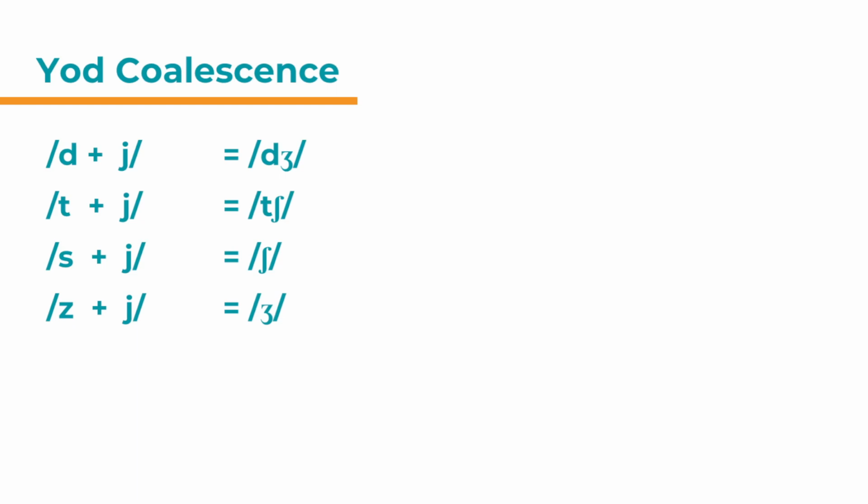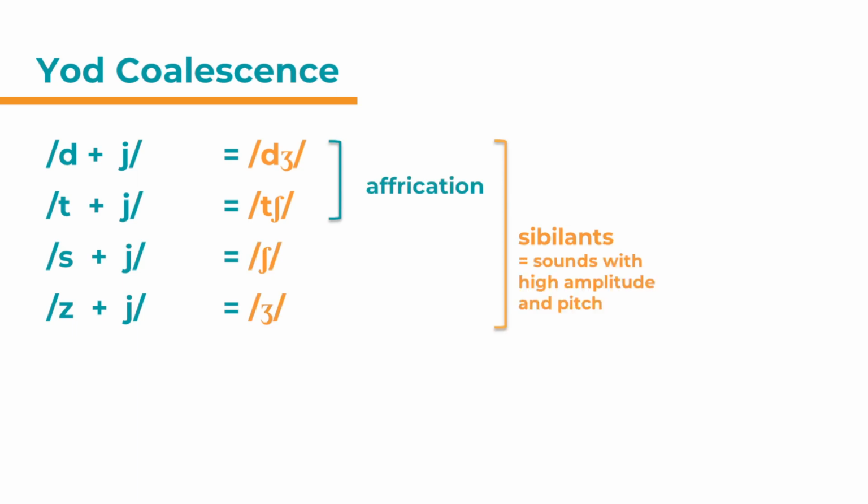Z and Y form J. The first two sounds are examples of affrication because they're both affricate sounds, stops followed by fricatives, but they form one new sound. And all of the four new sounds are also sibilants. Those are sounds with high amplitude and pitch, quite sharp hissing sounds and very noticeable.